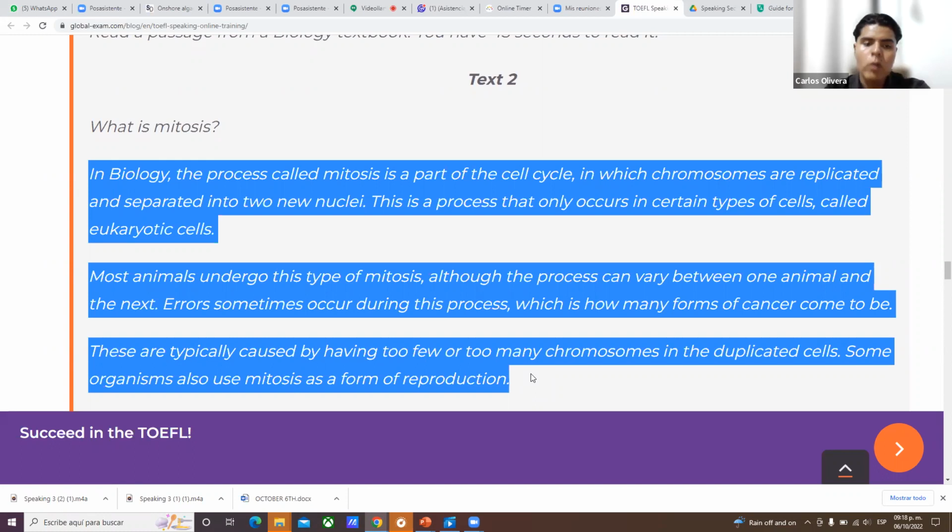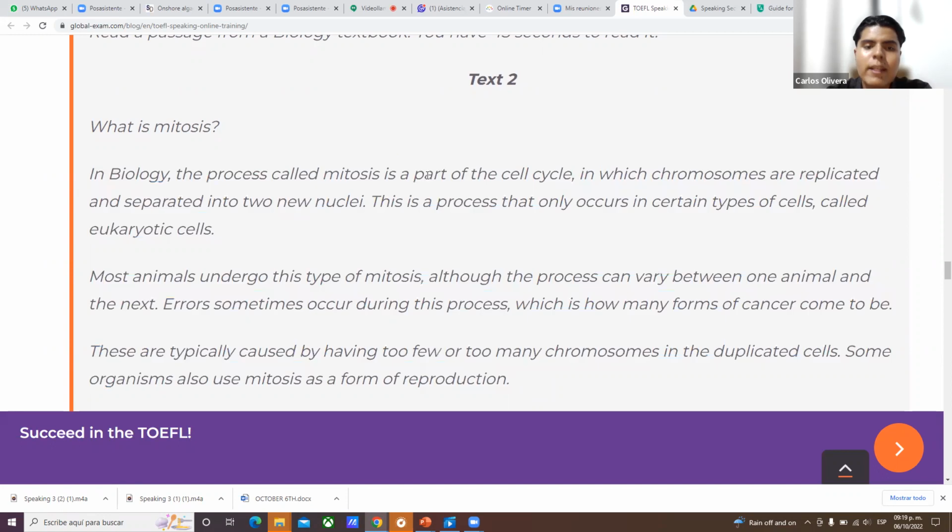Most animals undergo this type of mitosis, although the process can vary between one animal and the next. Errors sometimes occur during this process, which is how many forms of cancer come to be. These are typically caused by having too few or too many chromosomes in the duplicated cells. Some organisms also use mitosis as a form of reproduction. There you are. Now, we're going to listen to a lecture on the same topic.